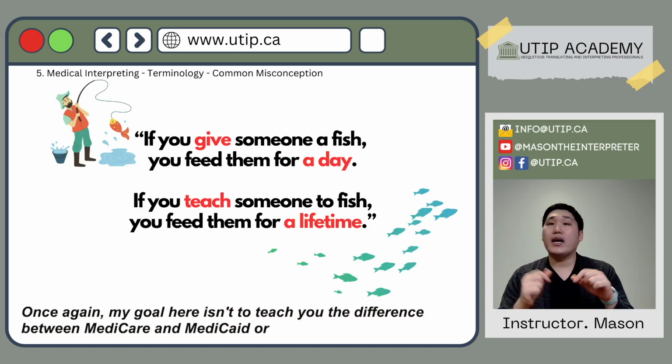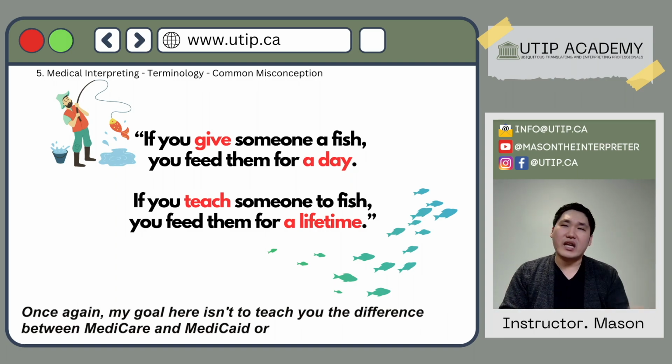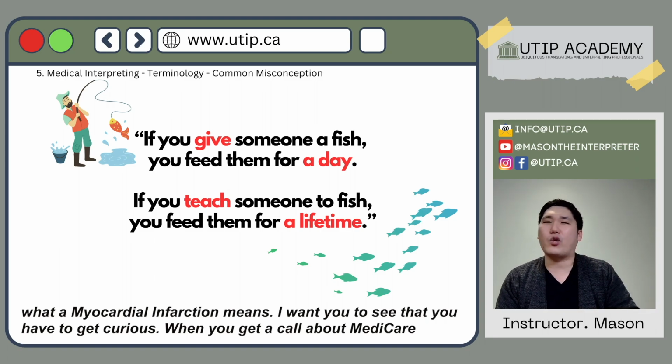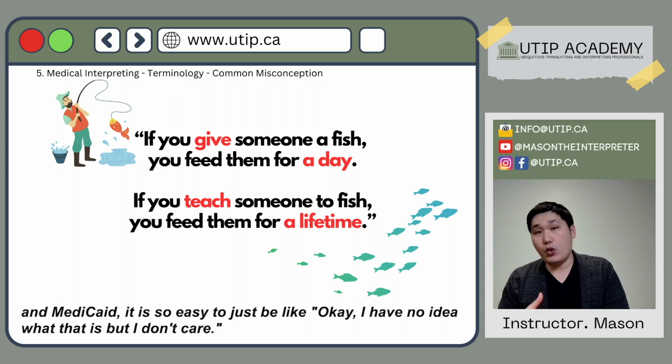Once again, my goal here isn't to teach you the difference between Medicare and Medicaid or what a myocardial infarction means. I want you to see that you have to get curious. When you get a call about Medicare and Medicaid, it is so easy to just be like, okay, I have no idea what this is, but I don't care.